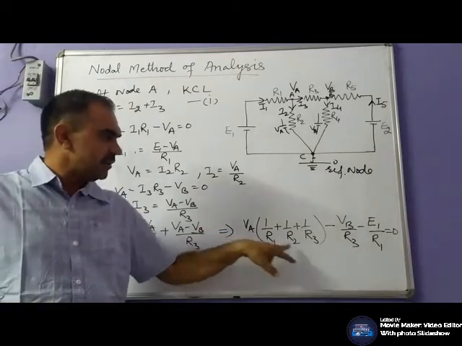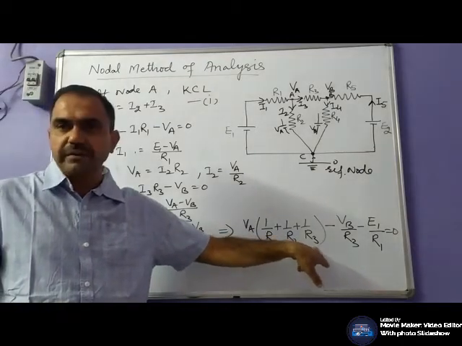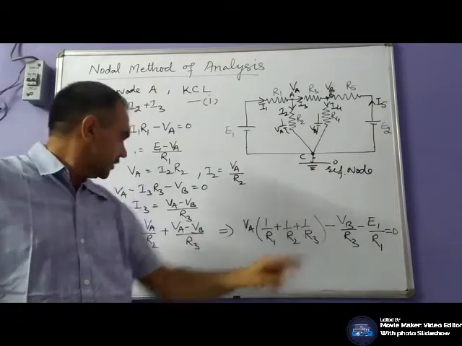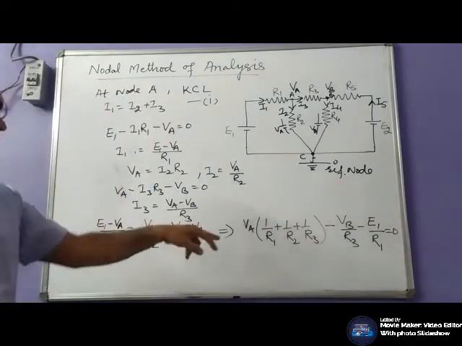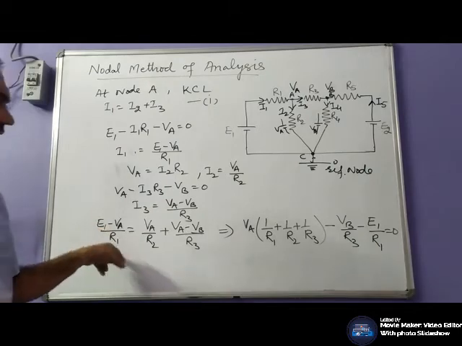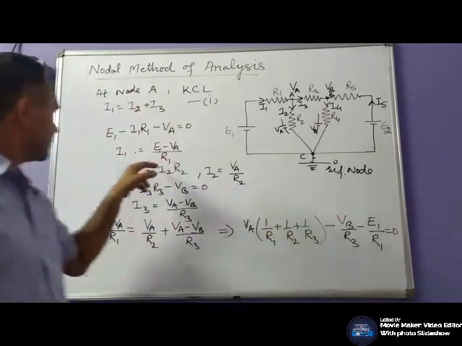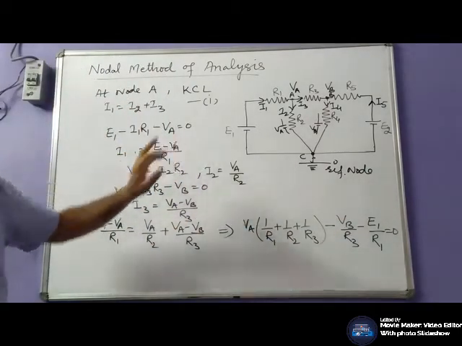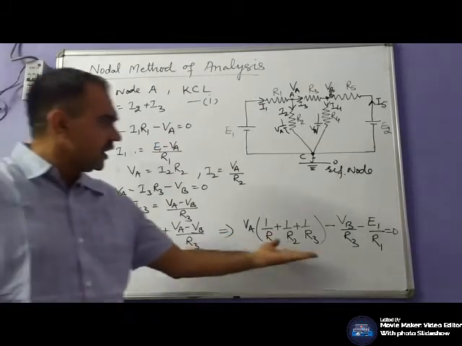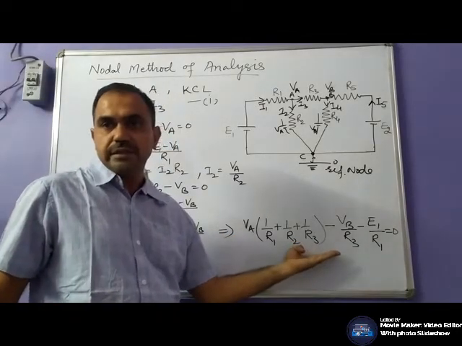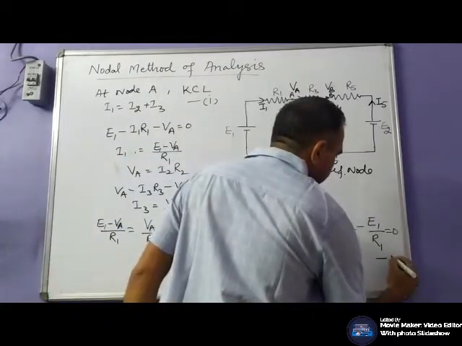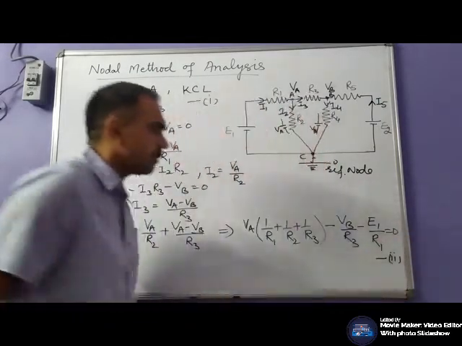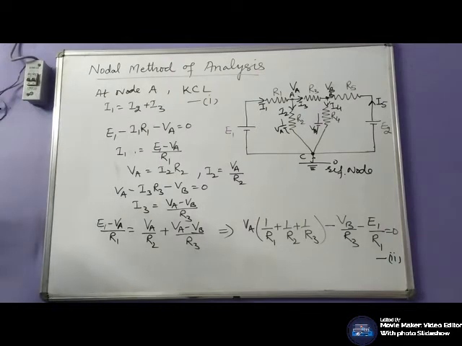You would have VA times (1 by R1 plus 1 by R2 plus 1 by R3) minus VB by R3, and bring this to this side, minus E1 by R1. This was E1 minus VA. So you would have this solution. This is your first equation. Let it be equation number 2.